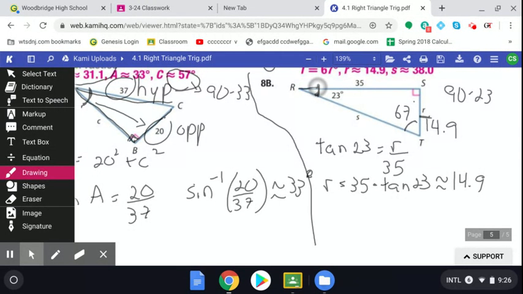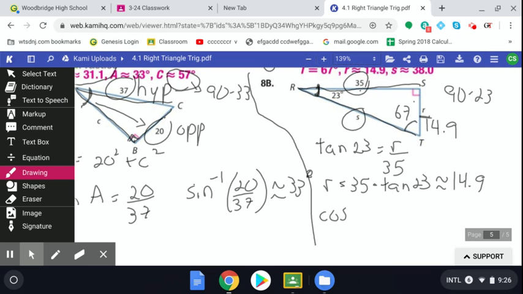So I can use the 23-degree angle or the 67-degree angle. And I can say that this is adjacent, and this is hypotenuse. So I am going to use cosine.